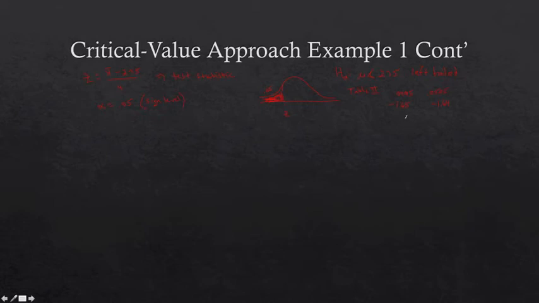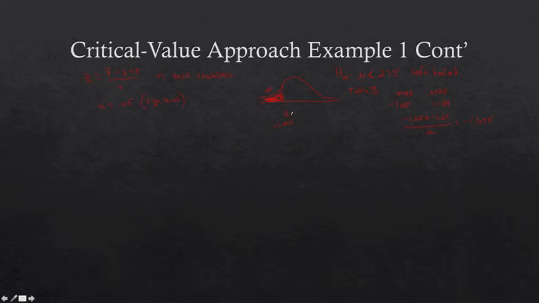If you remember, we took the z-scores and found the average of them, which is negative 1.645. So this z-score here is negative 1.645. This is our critical value.